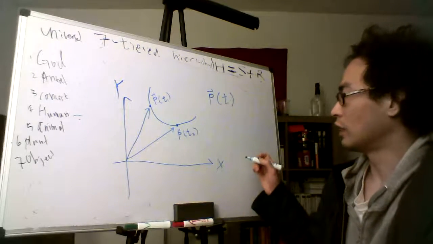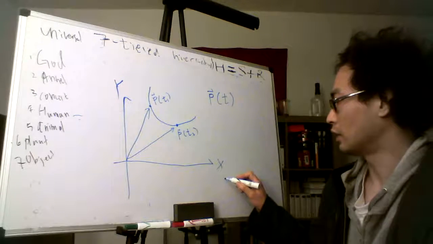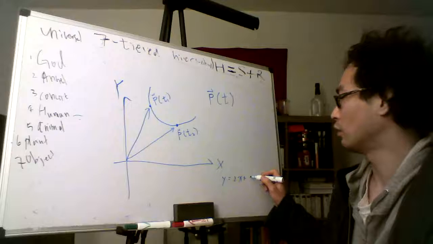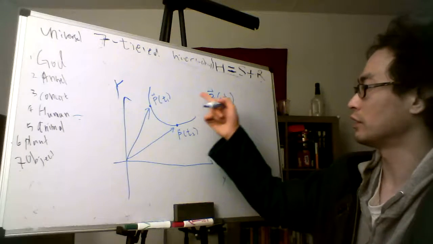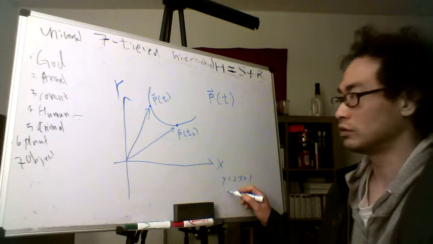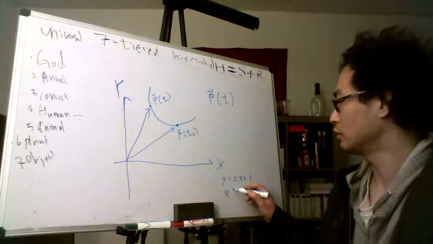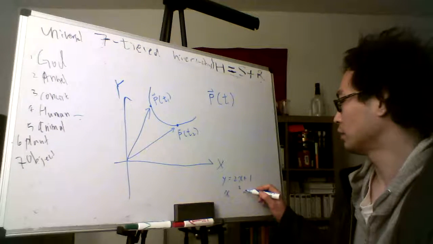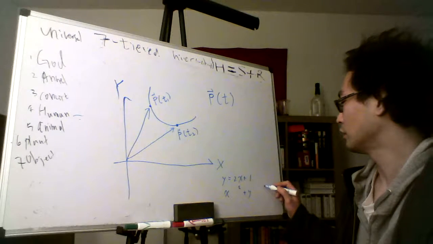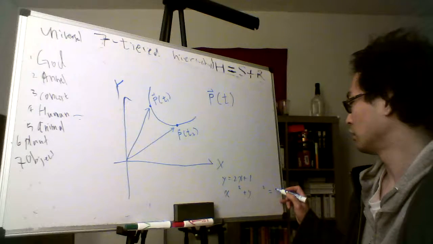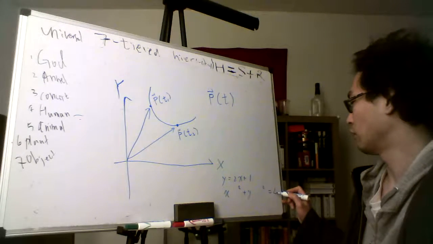Typically we have a function that looks like y is equal to 2x plus 1, or you have some kind of circle here, right? Where the circle x squared plus y squared is equal to something like 2 squared or 4.